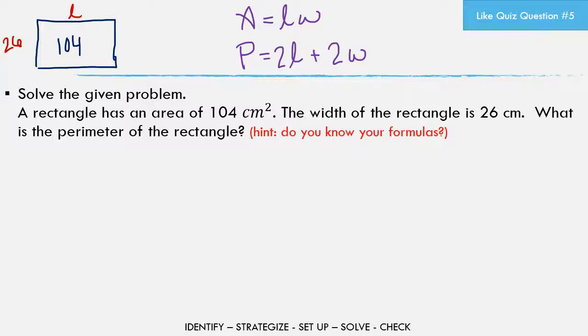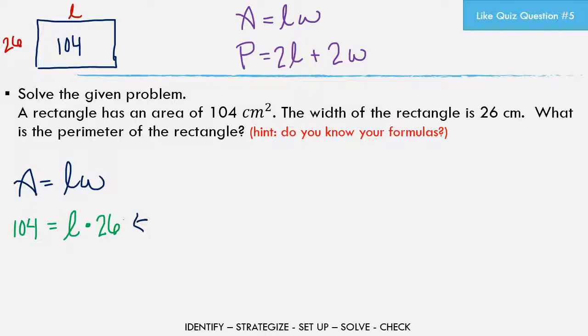So let's first use what we're given. We're given the area of that rectangle, and we know the area is length times width. We also know the area is 104 centimeters. We don't know the length, so we'll keep that as L, but we know that the width is 26 centimeters. So we need to rearrange this and solve for the length.